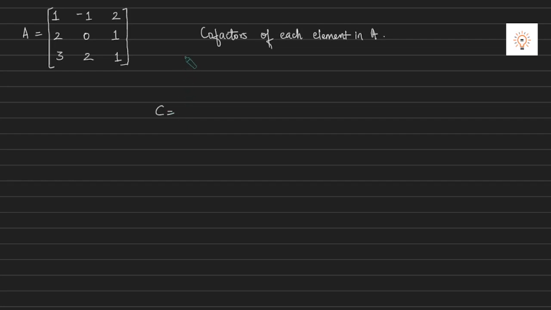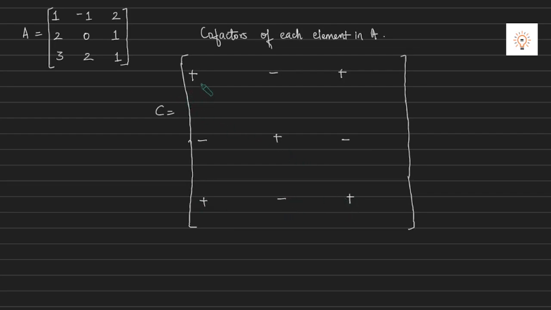I'll make a big matrix here; it will be easier for you to understand as well. The first thing to note is that we need to put the signs. As I told before, it is plus, minus, plus, minus, plus, minus, plus, minus, plus.